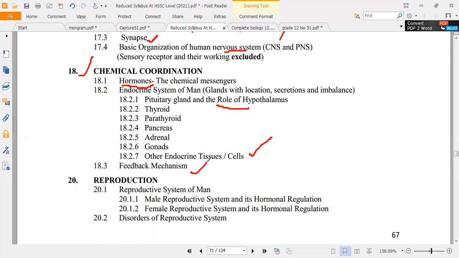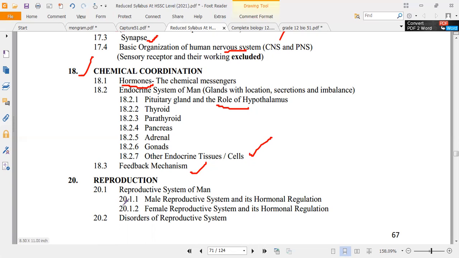After the feedback mechanism, we can see this is the end of the topic. It means in this chapter nothing is excluded. All the things are included.